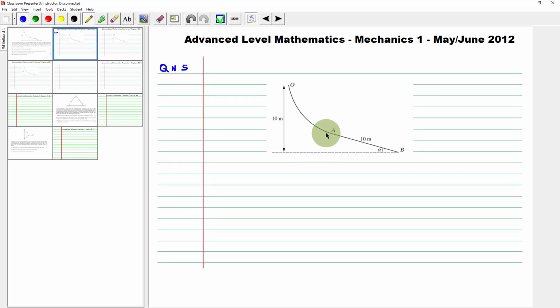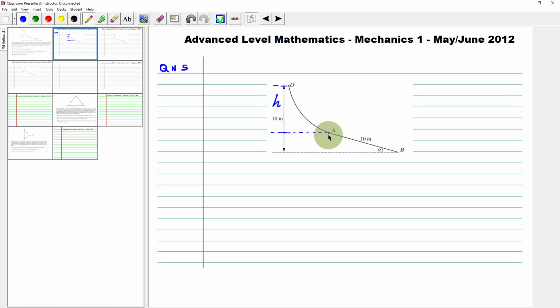So we need to get this height, from this point all the way to here. We need to get that and call it h.